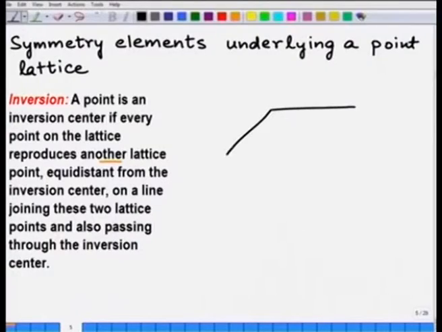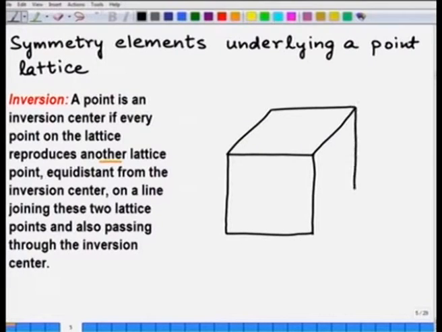If I find a lattice point there, and this happens for all the points, then it is an inversion center. For example, let us draw a cube and show the inversion center in it. This is a cube I am drawing here, and let us say we put an inversion center right in the center of it, and I have a lattice point here.